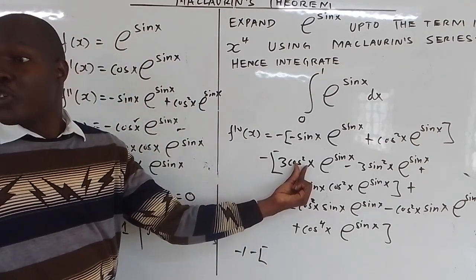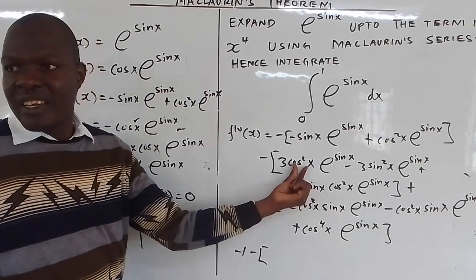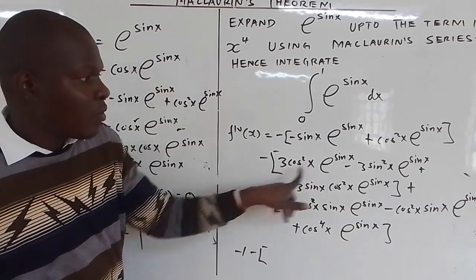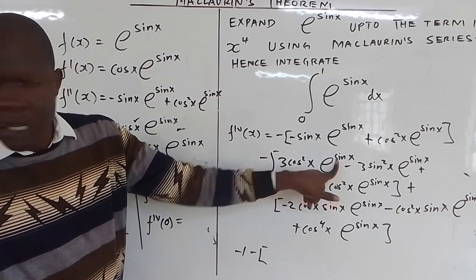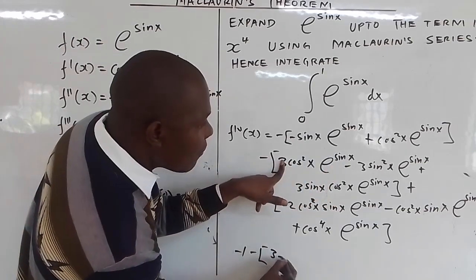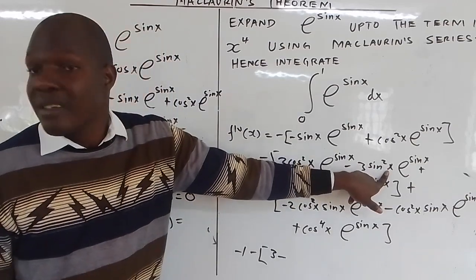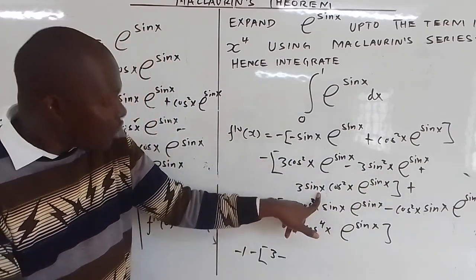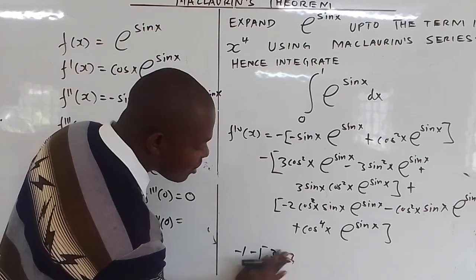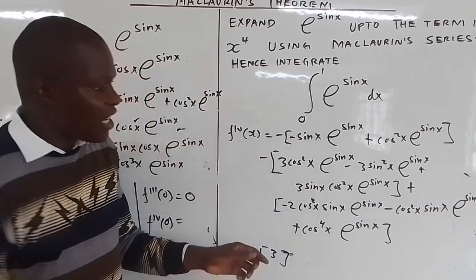Cos 0 is 1, and 1 squared is just 1, isn't it? Here you remain with the 3, because exponential sine x is 1. You remain with 3 minus, that is 0, anyway you see sine is 0. Here the sine is 0. So there we just remain with 3. We are done with that bracket, isn't it?